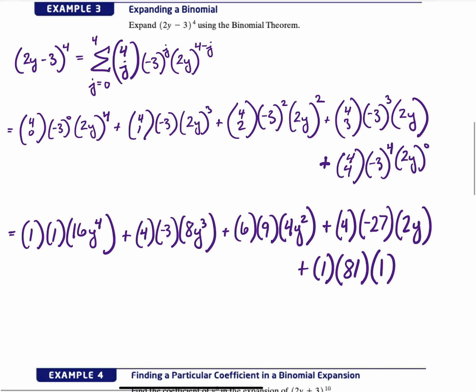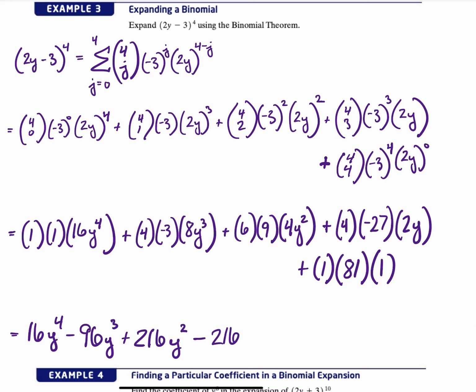So if we multiply everything out, we should get 16y to the 4th. 4 times negative 3 times positive 8 should give us negative 96y cubed. Then 6 times 9 times 4 should give us 216y squared. Then 4 times negative 27 times 2 gives us negative 216y.